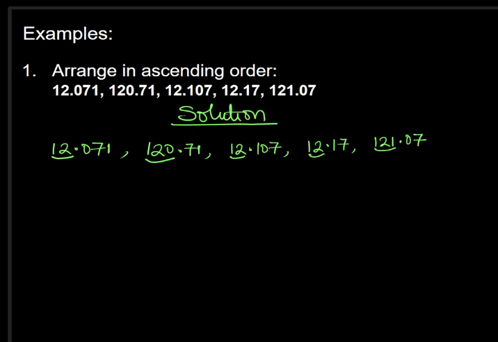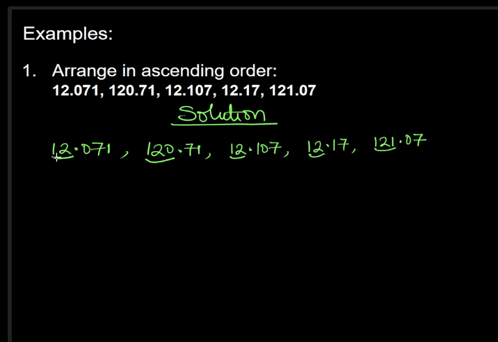Now, the whole number part is enough for you to determine which one is bigger and which one is smaller. You only need to go to the fractional part when the whole number part becomes the same for the numbers you are comparing.